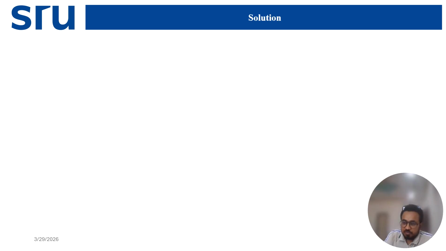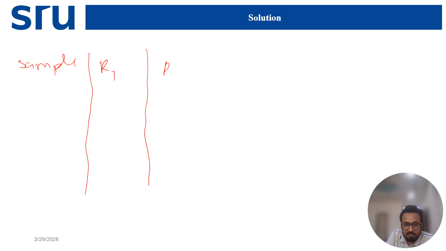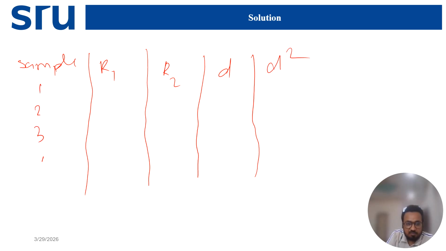Similarly, we will make the same table: R1, R2, D, D square. The first has rank 1, 2, 3, 4, 5, and the second has ranks 3, 5, 1, 4 and 2.